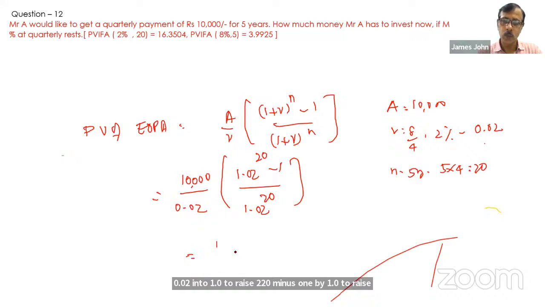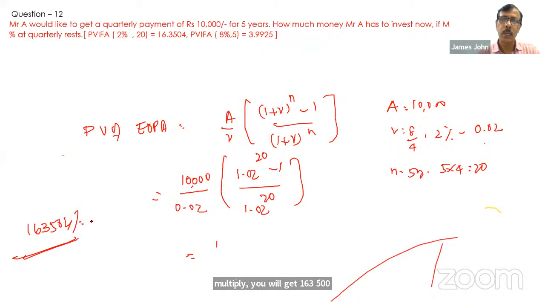You simplify, you will get the present value. Here that factor is straight away given. The present value of an annuity for 1 rupee is given. We want for 10,000, so you multiply this with 10,000. If you simplify, you will get the same answer, and this much step is not required since the factor is given. You multiply, you will get 163,504. Is it clear?